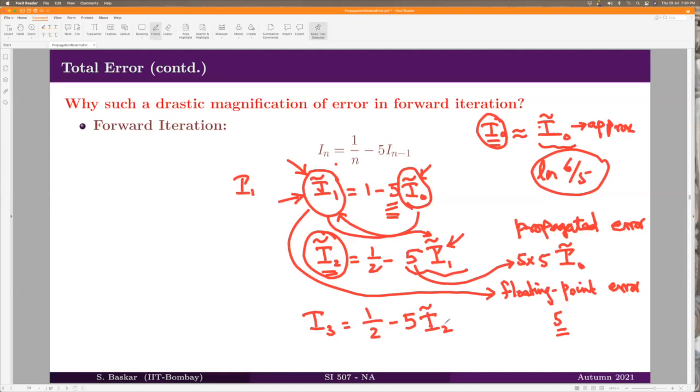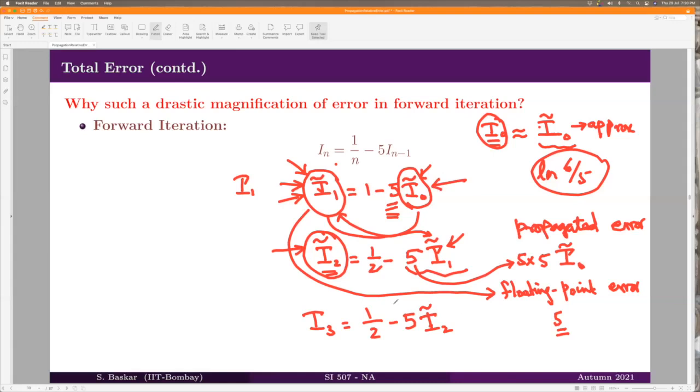So that is going to be used in computing I3, and therefore whatever error you committed after computing I2 was amplified by 5 times, and then the propagated error now has 2 steps. 5 square times it is multiplied with the error committed at the I1 tilde calculation, and 5 cube times at the I0 tilde calculation.